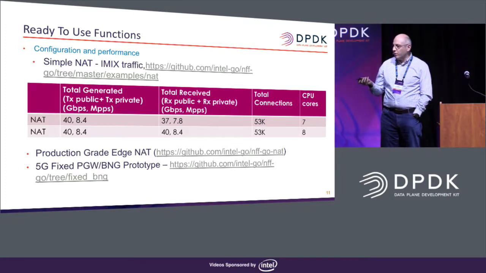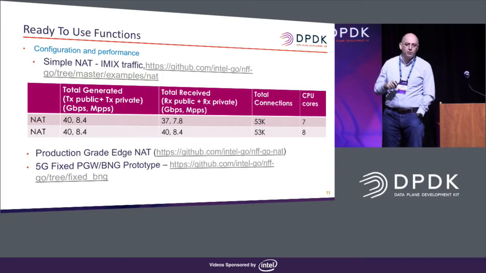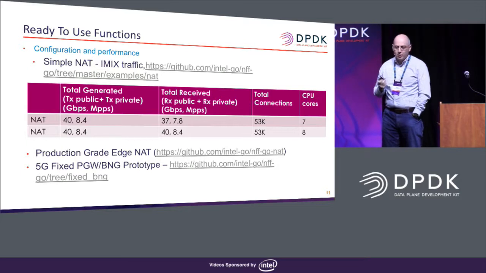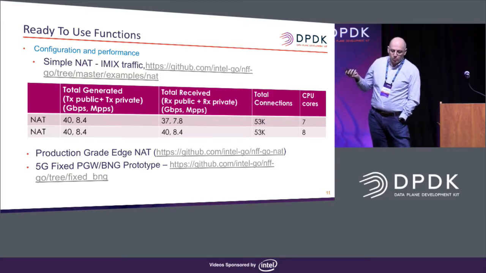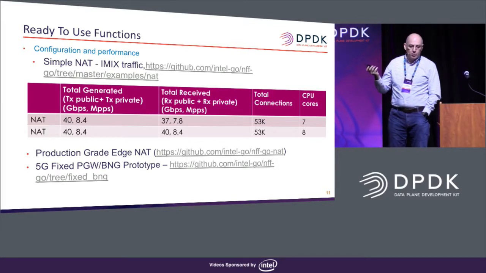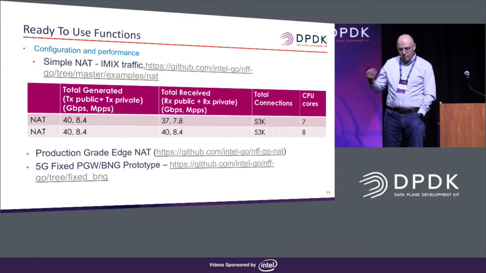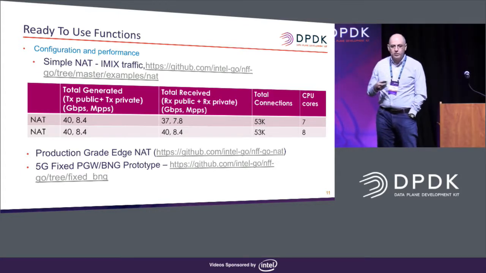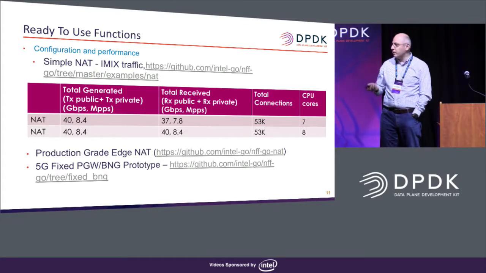This code uses 5 more cores because there is a KNI involved, and we do a thing called shadowing for the control plane. All the ICMP packets had to go to the kernel and trigger the route table there, which was a requirement of the customer. So for that, we use a little bit more cores. But on the performance part, we are on par with the C implementation.